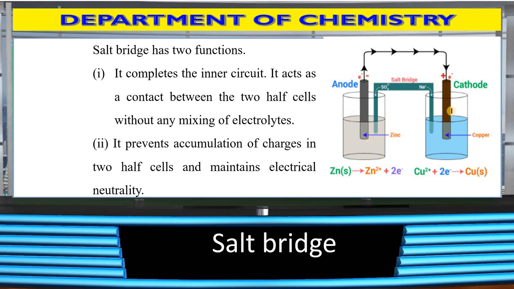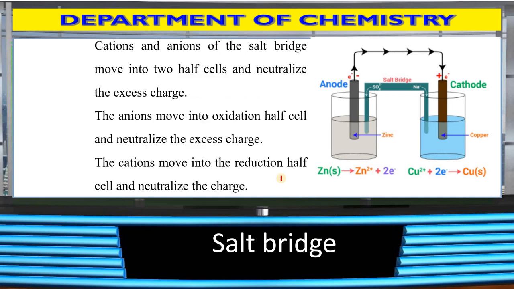Means there is no need to capture electrons from that cathode. Therefore, after inserting salt bridge into that two beakers, that salt bridge will move ions from the electrolytic solution or from the half cells, and due to that, electrons are again and again formed. Therefore, it helps to prevent the accumulation of charges in the two half cells and helps to maintain the electrical neutrality of the cell.